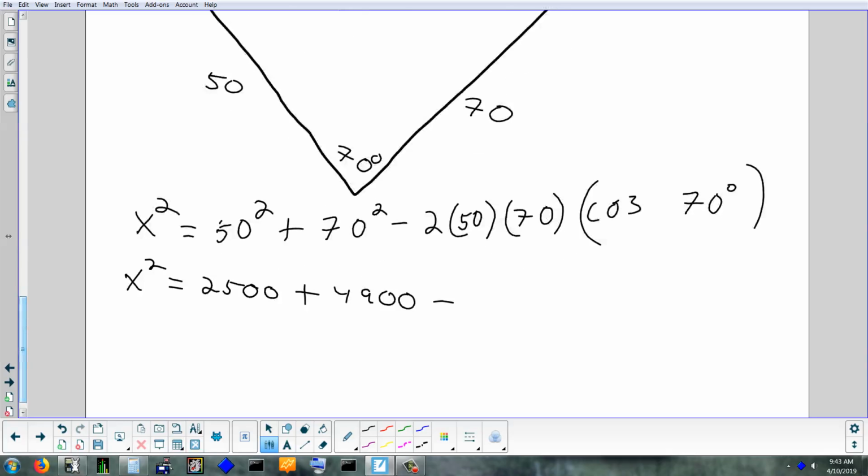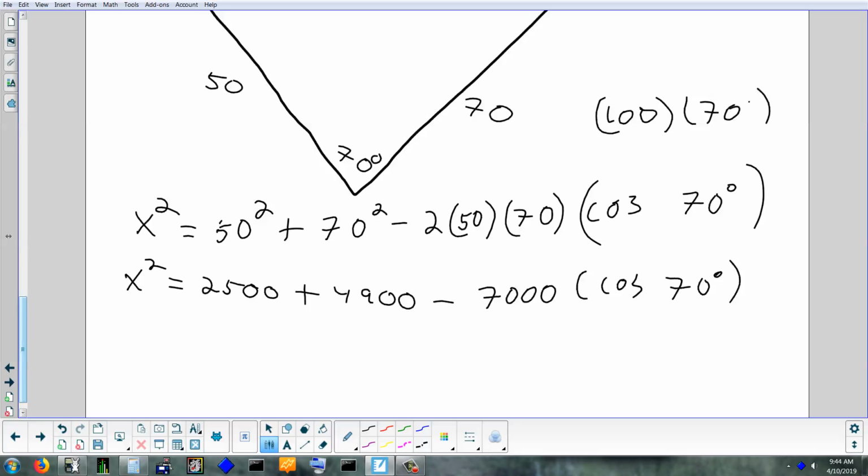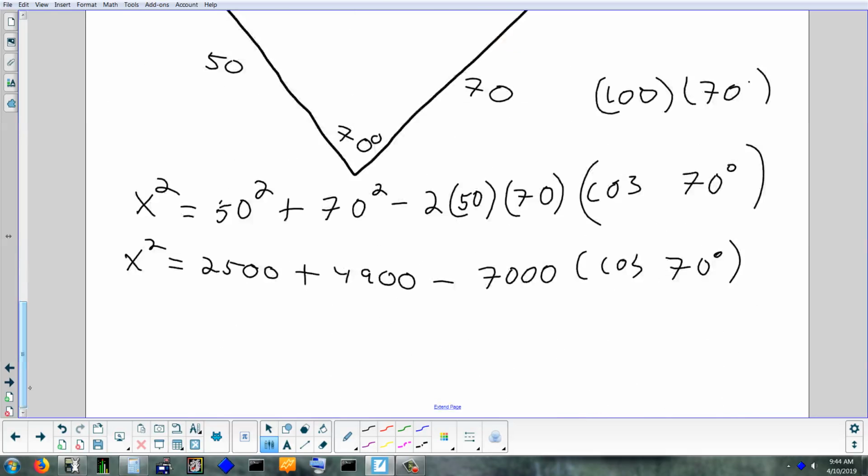And what's 100 times 70? 7,000. Just do 1 times 7 and put 3 zeros on it. So 7,000 times cosine 70. A little bit more we can do without a calculator, then we're going to need one.